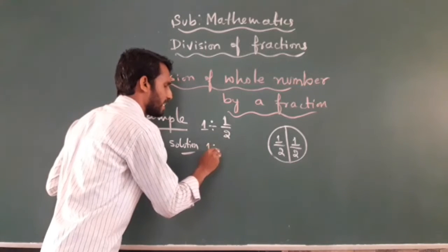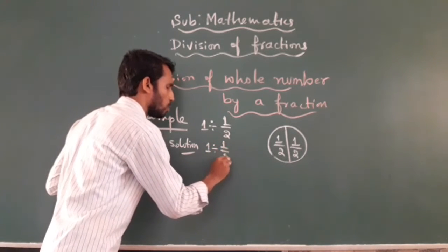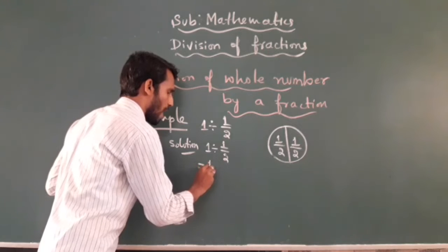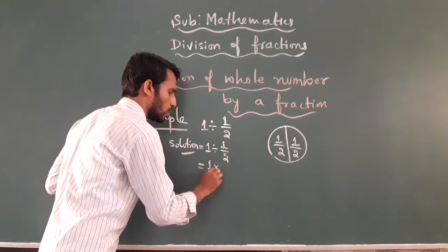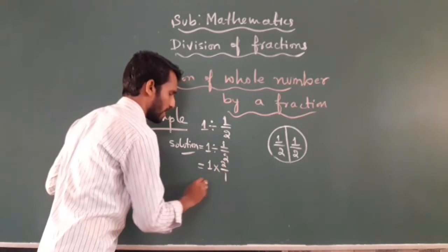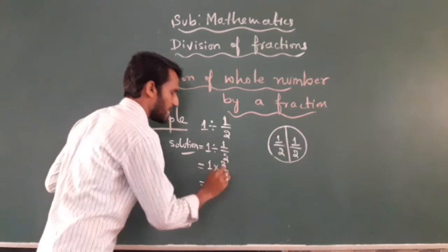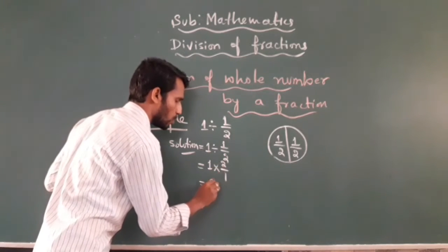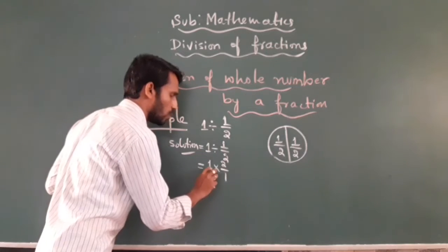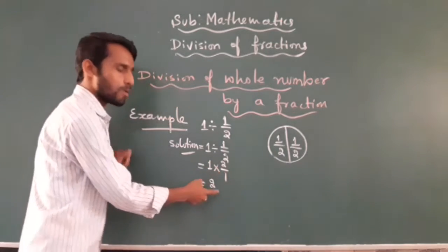1 divided by 1 by 2 is equal to 1 into 2 by 1. Now we can multiply: 2 ones are 2. The numerator is 1.